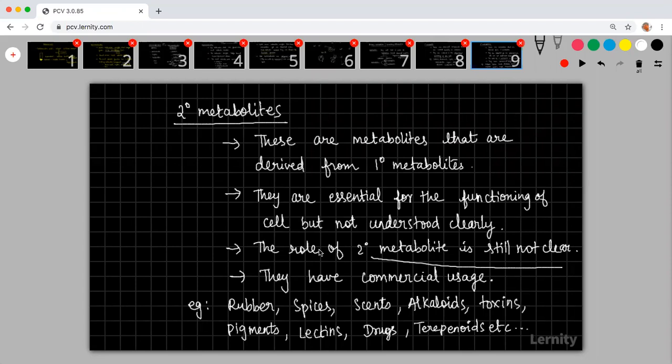But there is a group of compounds which are not involved directly in these primary physiological functions or activities. Those substances are classified as secondary metabolites. They are still present in the organism. We still don't know what they are there for.